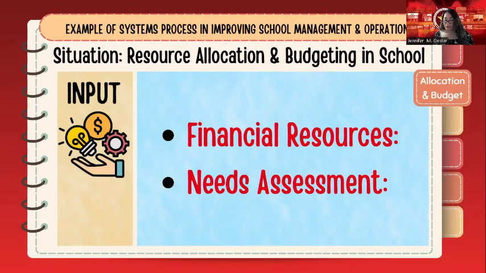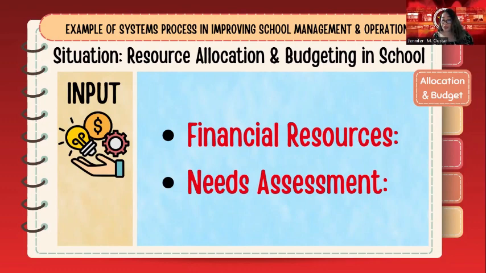It could be funding from tuition, grants, donations, and other sources. Another input is the needs assessment, requests and proposals from various departments. Examples for this are academics, athletics, and facilities that would outline the resource needs.